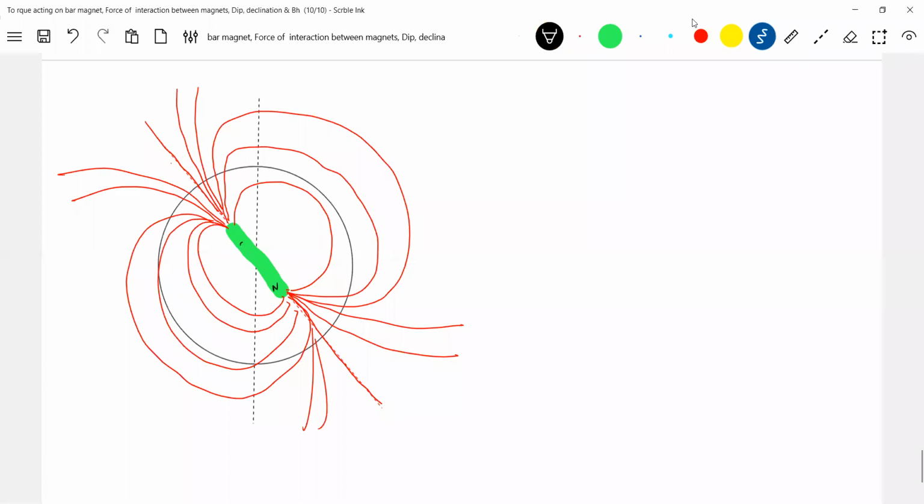So there's a north pole and a south pole. Rough diagram. For a better diagram, type in Google.